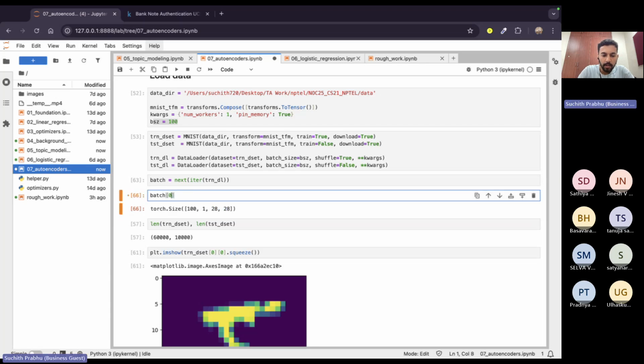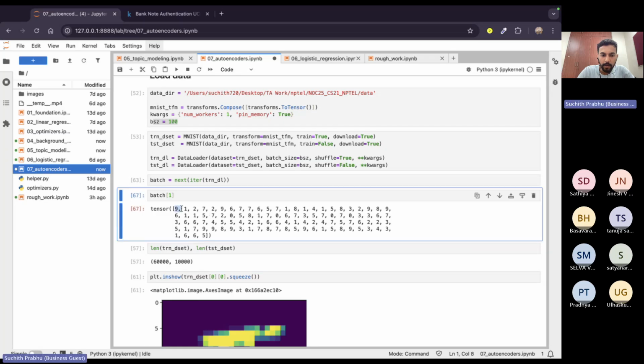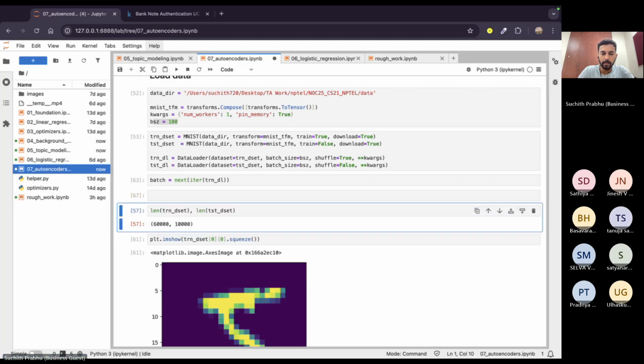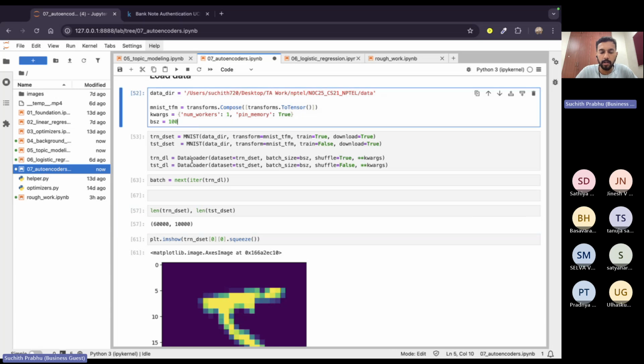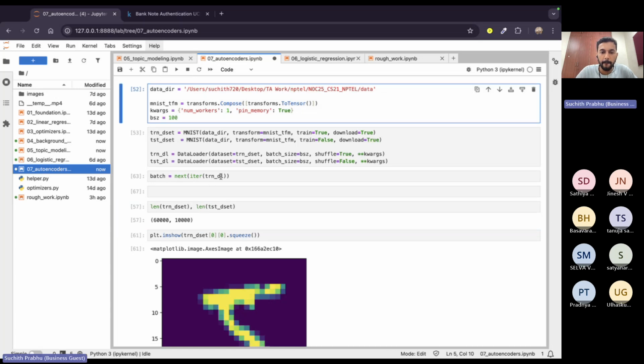Similarly, if you look at y, we have all the ground truth values, the labels for this batch. When we are training this autoencoder, we don't need that y part. We'll just use the x part and try to reconstruct it.